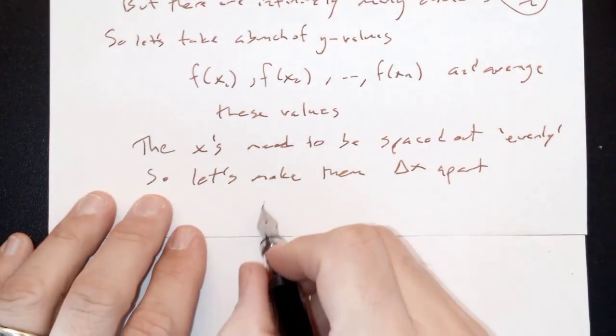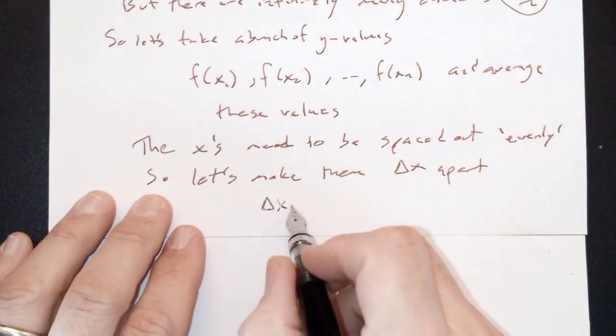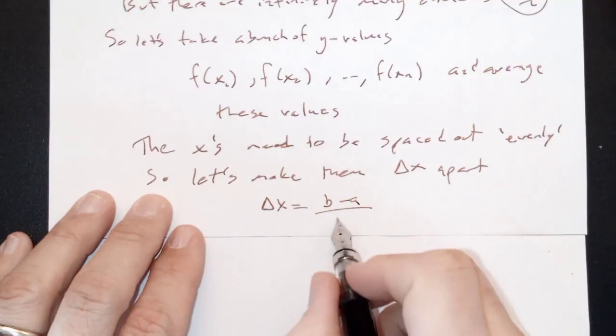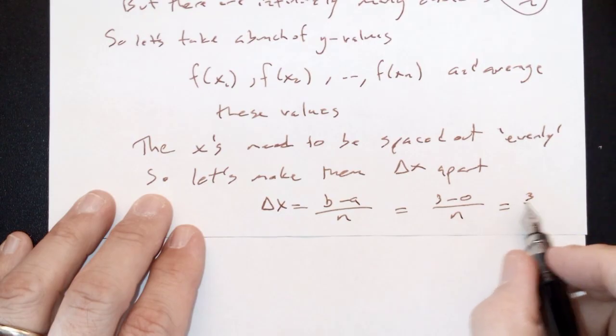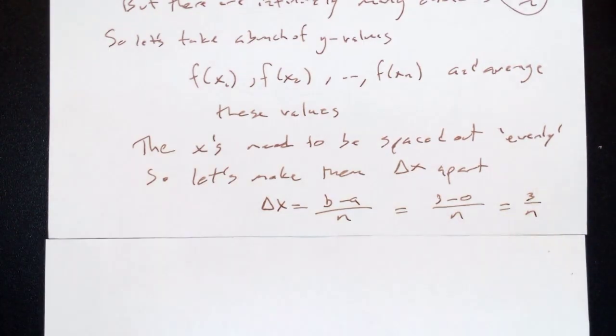Oh, okay. In our case, that'll be 3 over n. Wait, hang on a second.